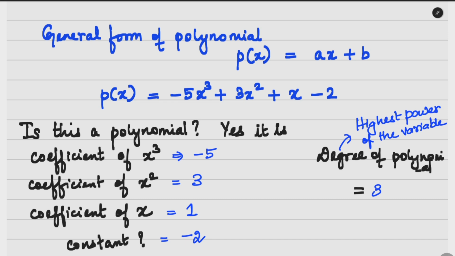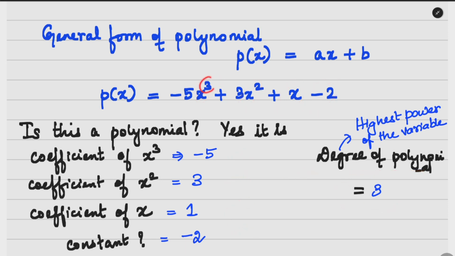Right? So from a given polynomial, you will be able to answer all of these. Is this a polynomial? Yes or no? Look at the powers of the variables. If they are all whole numbers, yes, it is a polynomial. What are the coefficients of x cube, x square, x, and this is the constant term. And what is the degree of the polynomial?